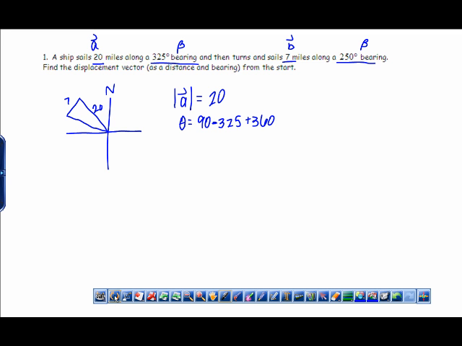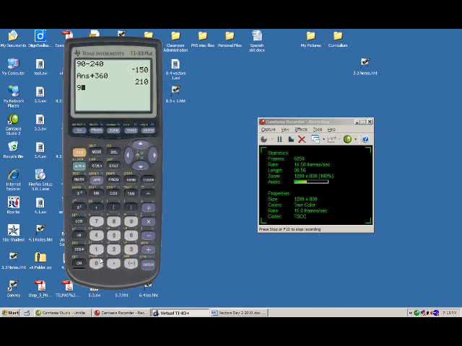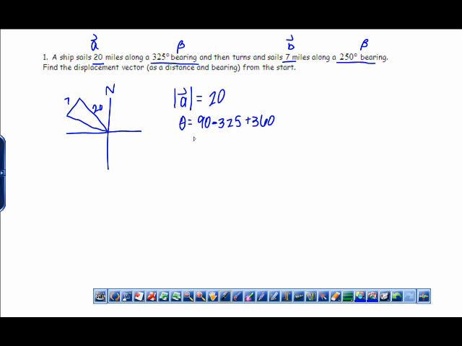Okay, so let's figure that out. 90 minus 325, and then I know I'm going to have to do it, so go ahead and add 360. So I get 125. Okay, so that's my theta. Now this is still an obtuse angle, so I'm going to have to deal with that, but that's not too bad.